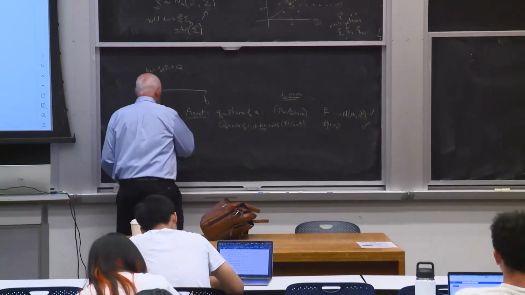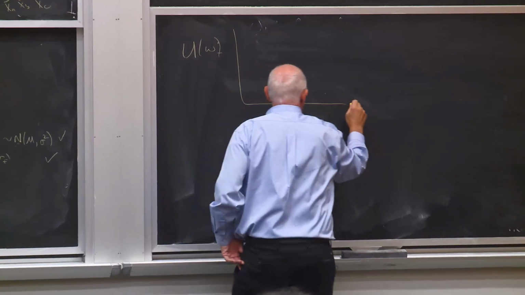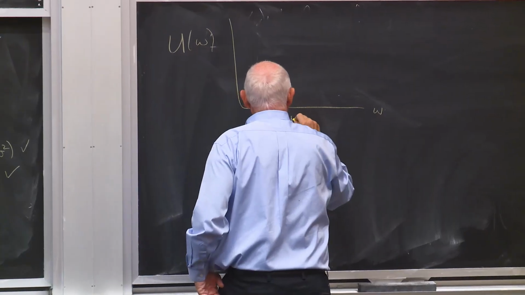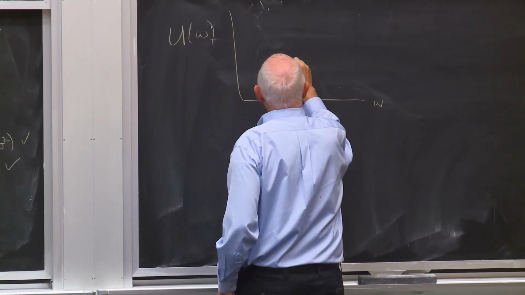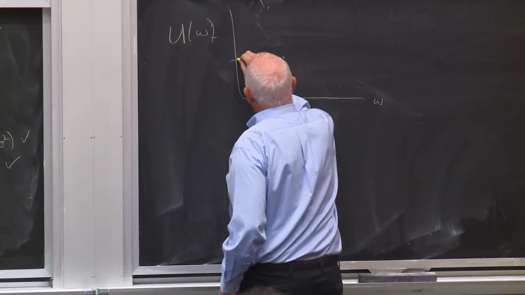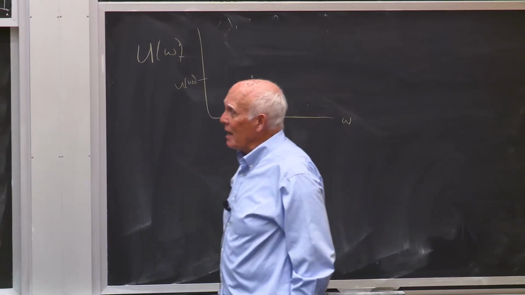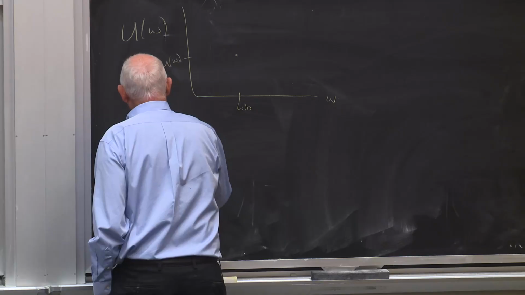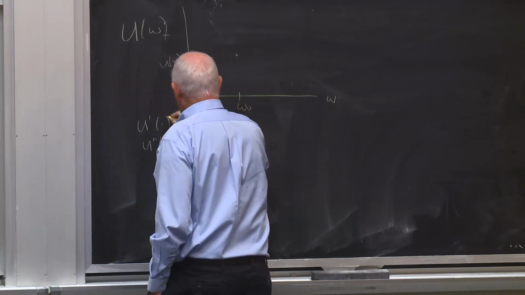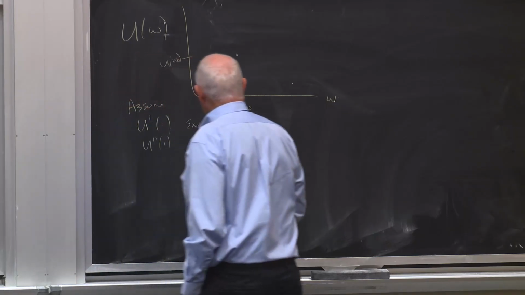So importantly, if we have u of w as a function of w, and there's basically a w0 value here, utility of w0. There are some standard assumptions one makes as to what the utility function is like. And we might assume that the first derivative and second derivative exist. So we'll assume that these exist.